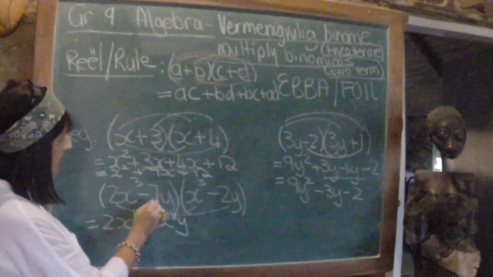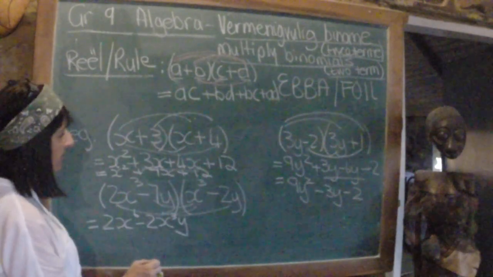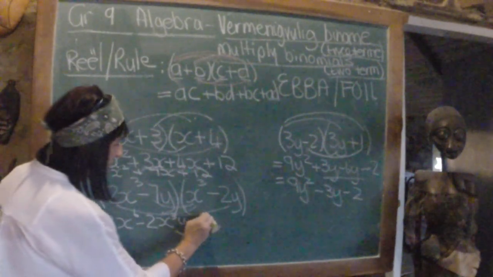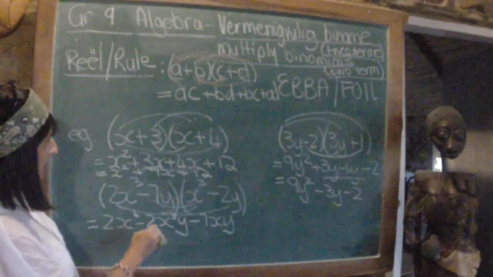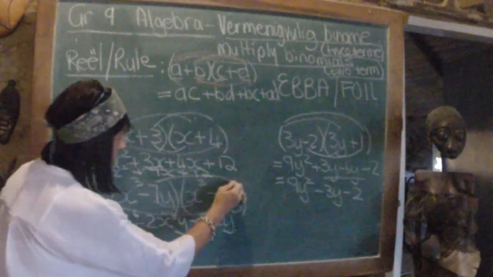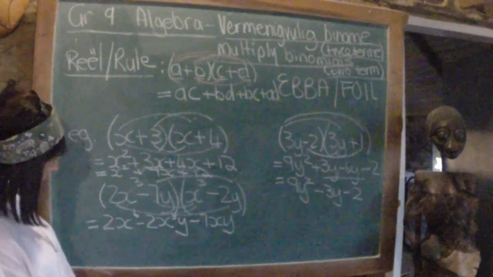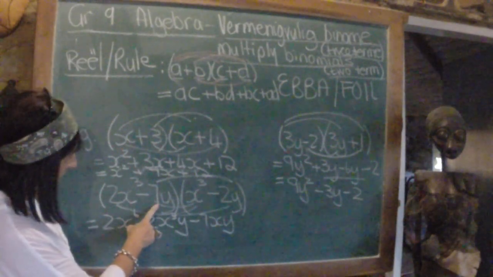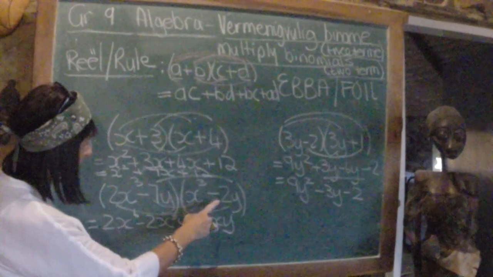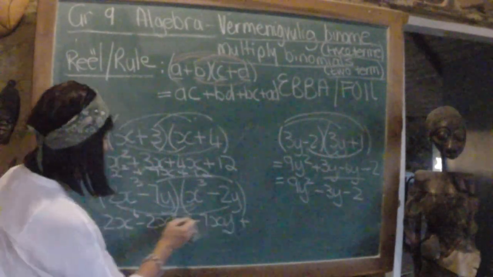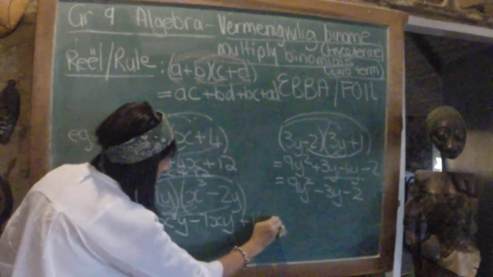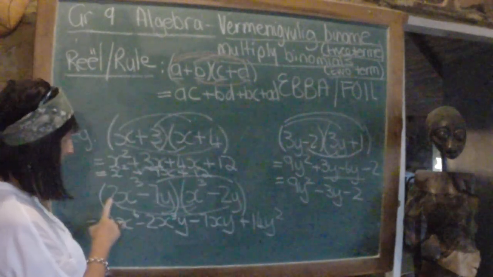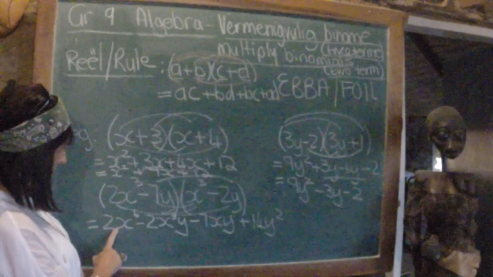Dan het ons die binnestes, minus 7y maal x is minus 7xy. En dan het ons agterstes, min maal 'n min gee plus 14y kwadraat. Quickly check this out.